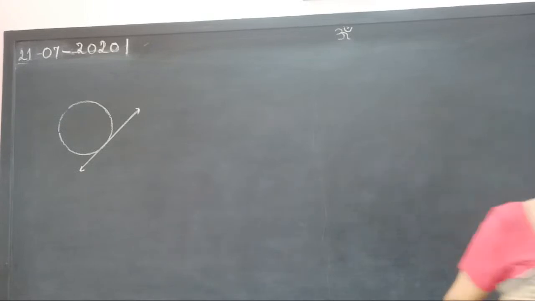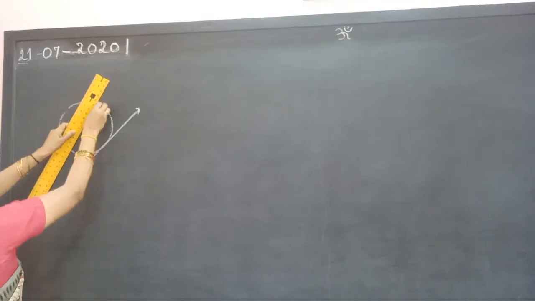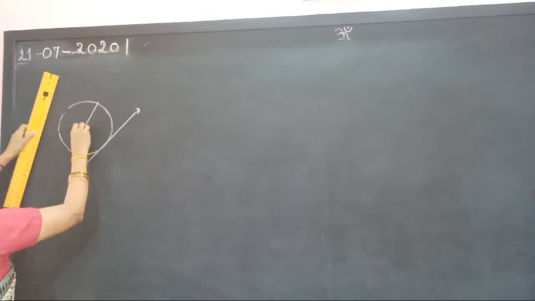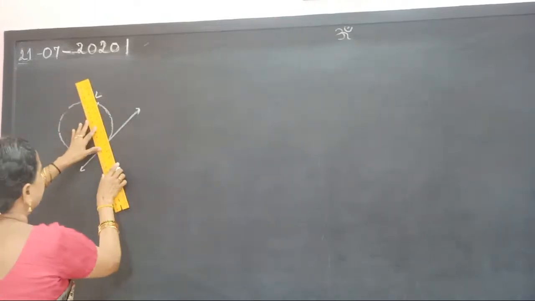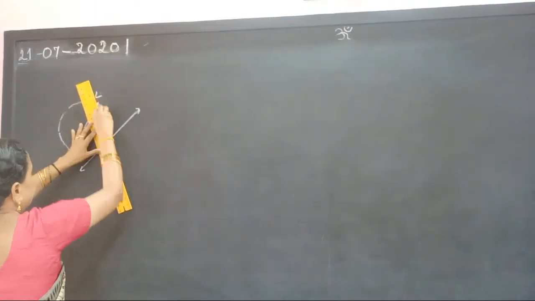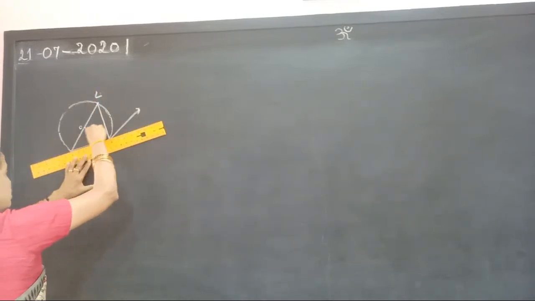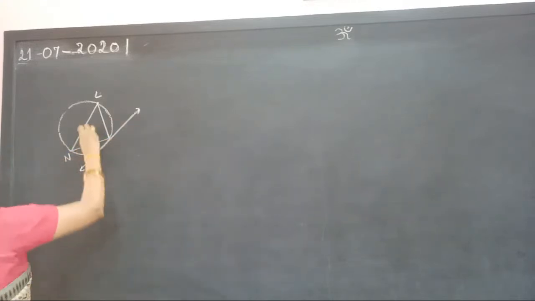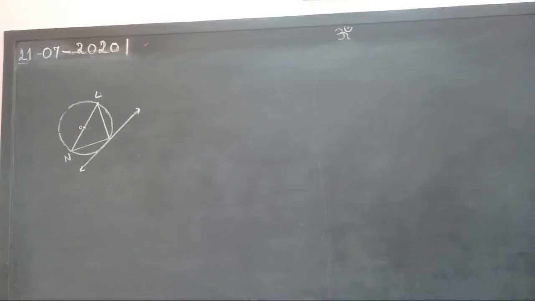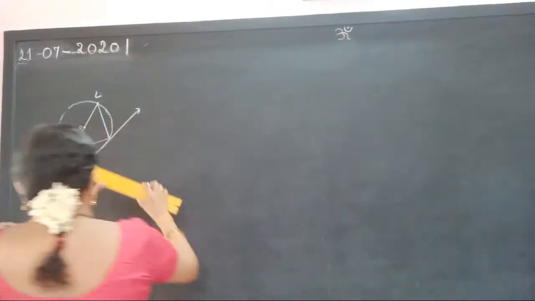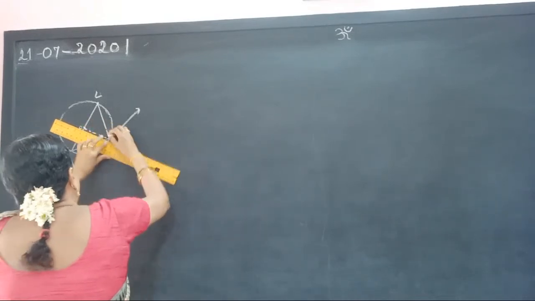LN is the diameter. Get the figure. And draw OK from the center to the point of contact.